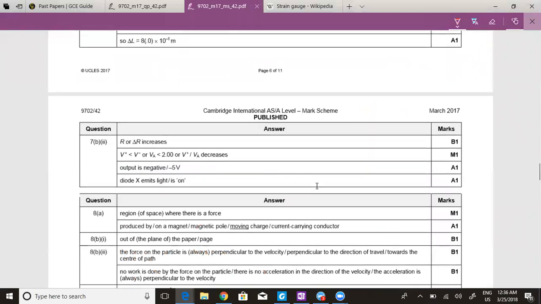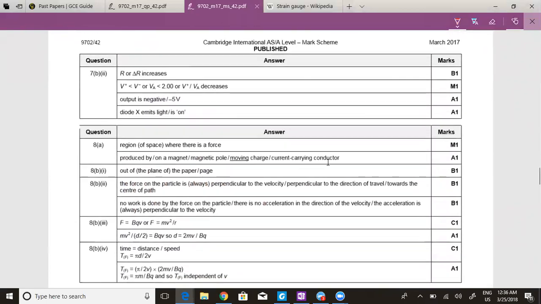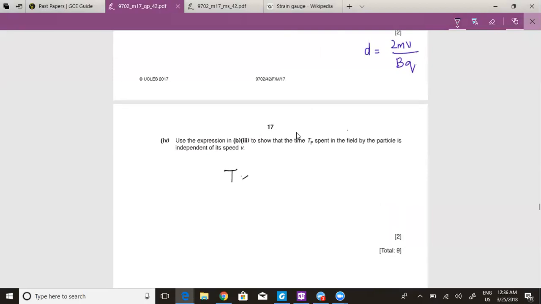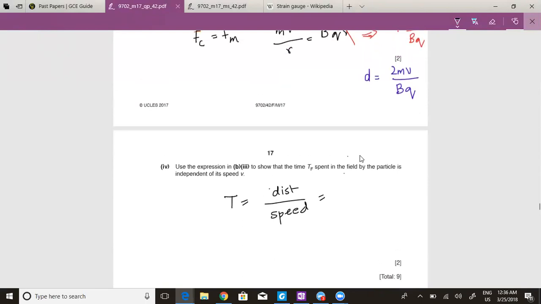So the time is distance over speed. The distance is 2mv over bq, over v, and you lose the v, so it's 2m over bq.